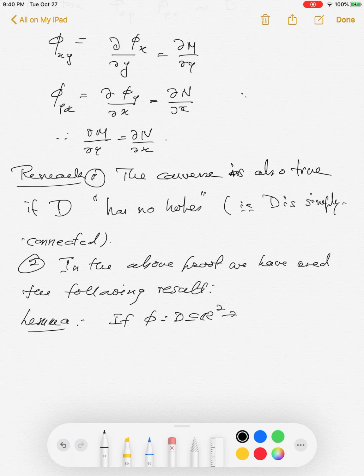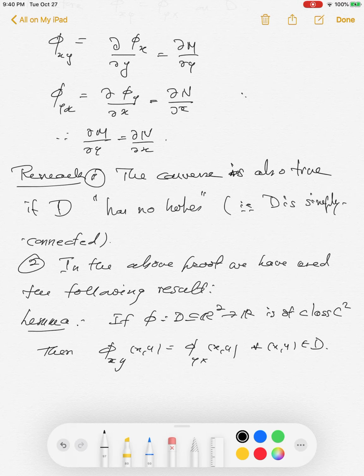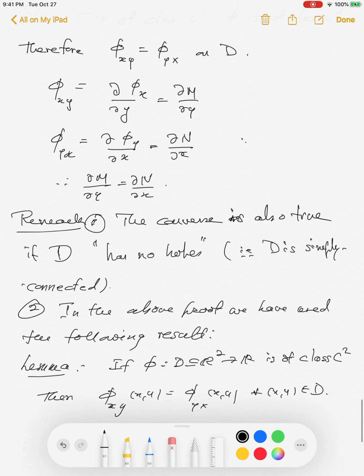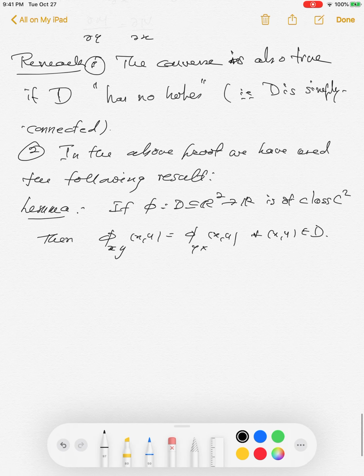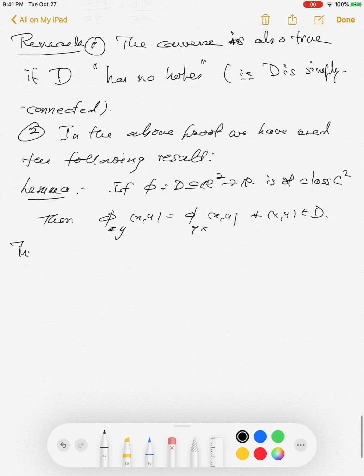Lemma: if phi is a function of two variables, with D in R2, taking values in R, of class C2, then phi_xy at any point (x,y) is phi_yx at that point for all (x,y) in D. So if you have a twice continuously differentiable function, meaning its first and second order partials exist and are continuous, then the order in which you take the partials does not matter. So that is what we have used here to prove that result.